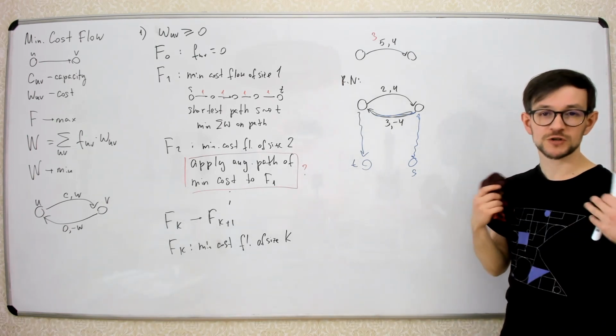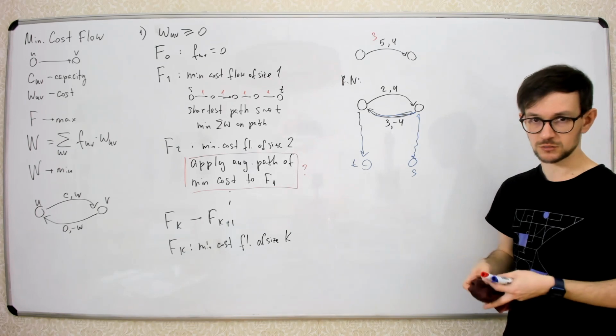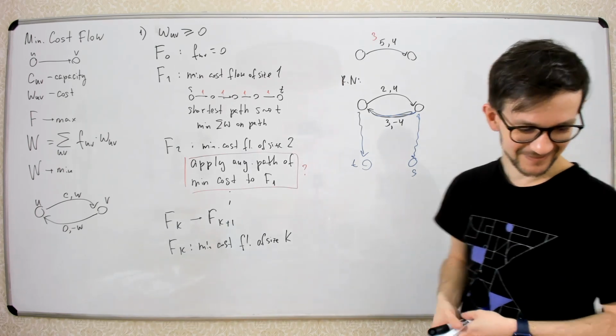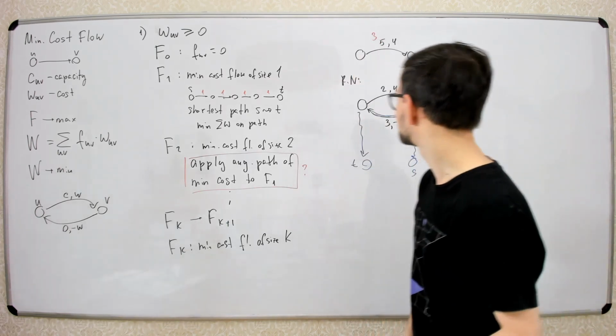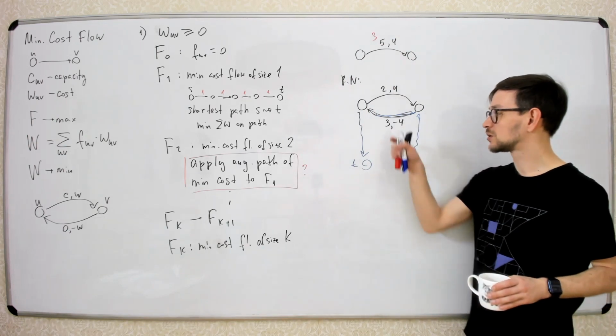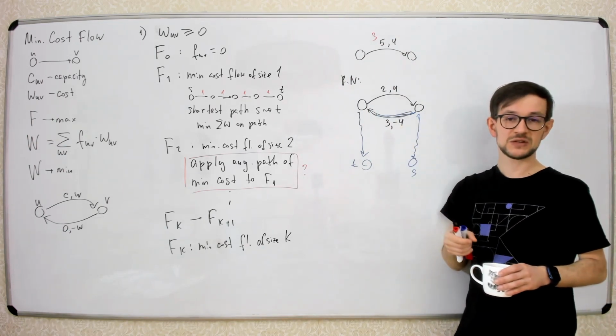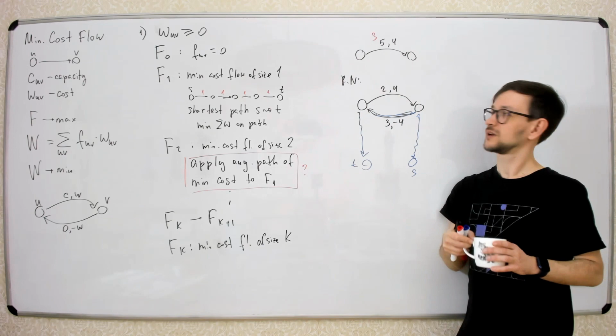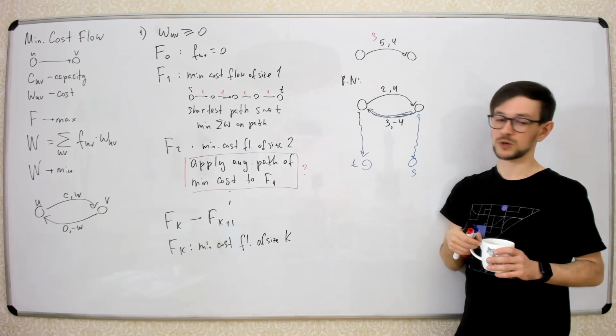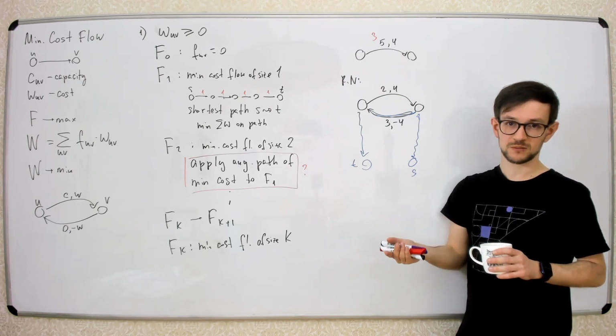Okay, how to find the shortest path if you have negative edges? So we just found out that we have some negative edges in our graph. What can we do? Can we still find the shortest path?